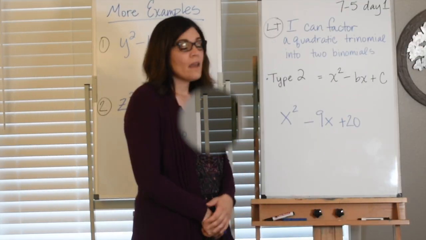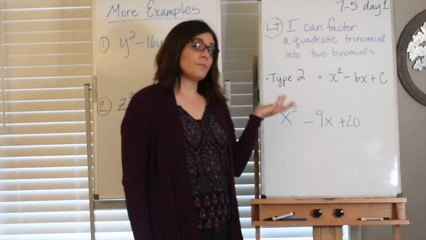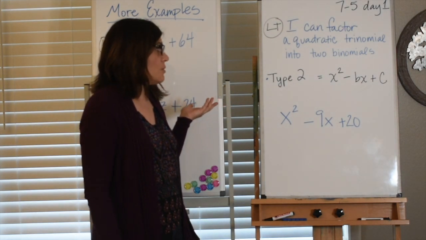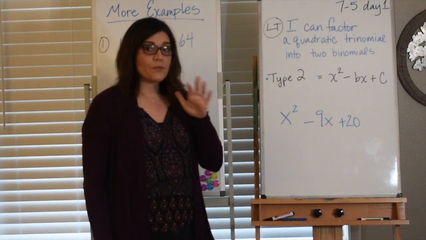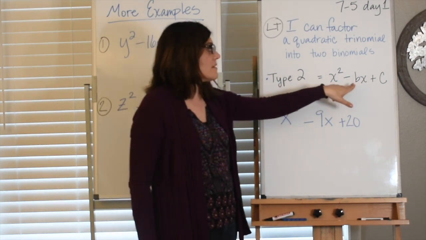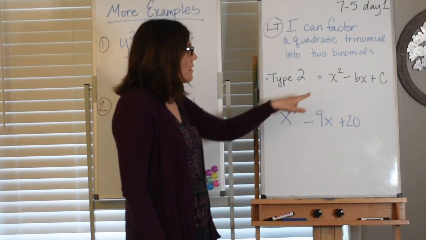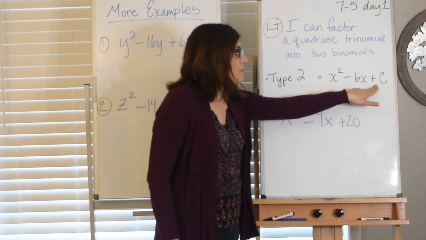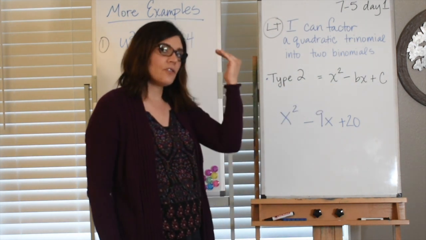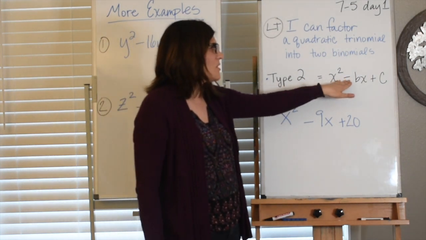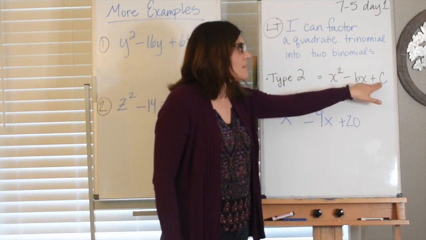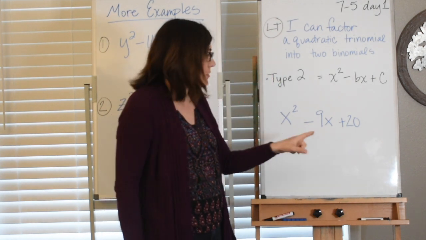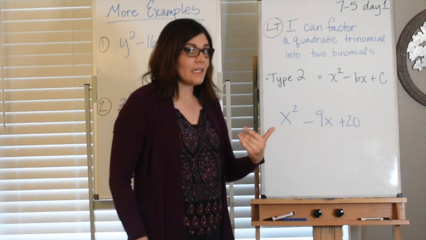All right, people, here is type 2, factoring quadratic trinomials into two binomials. So the first type was the most simple one, and it had a positive and a positive. This one is x squared minus the middle term bx plus c. So you have to be thinking to yourself, in order for this middle term to be negative and this last term to be positive, both of the numbers or both of the factors have to be negative, okay?